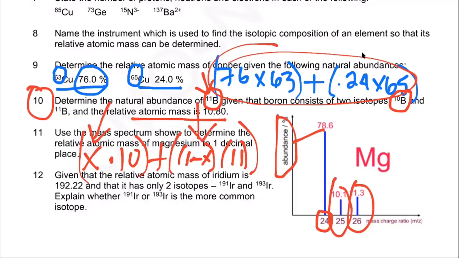It's distributing your numbers, okay? And then combining like terms, and you want to solve for X. And so all of this is going to equal the average. So this will equal that 10.80. And then you just distribute your numbers, combine your X's and combine your like terms, and then get X on one side and get the number on the other.